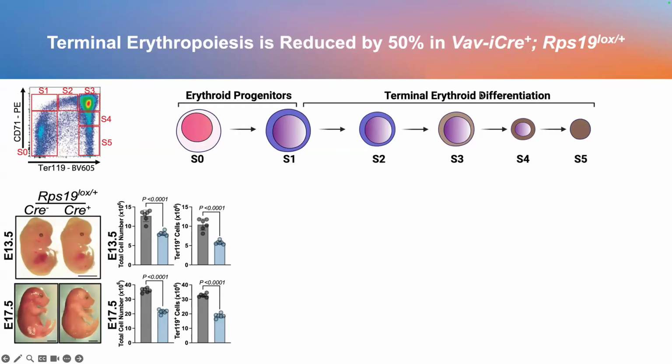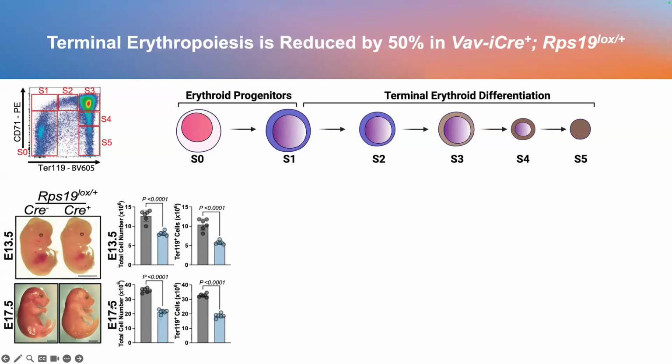And these are the mice. The mice at 13 and a half, 17 and a half. So really no big difference. Maybe, of course, the liver a little bit smaller and the total cell number decreased by 30, 40% at 13 and a half, with really a big difference, a 50% difference in the cell count for the TER119 positive cells.